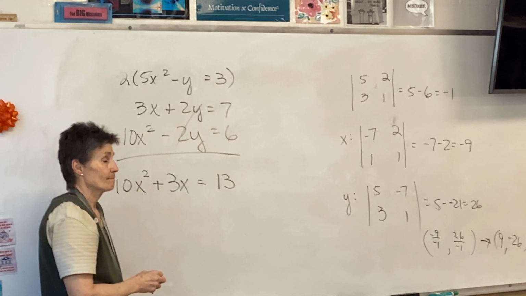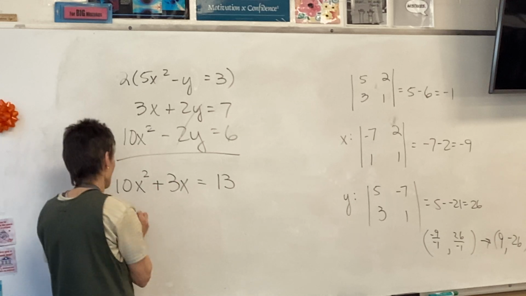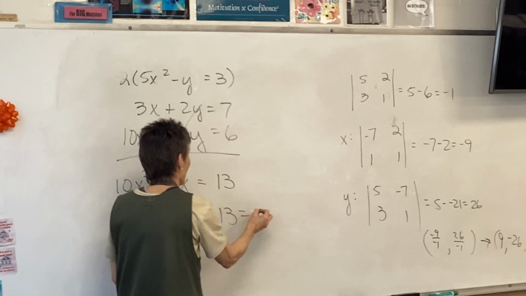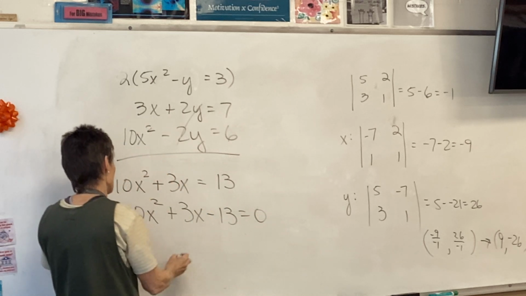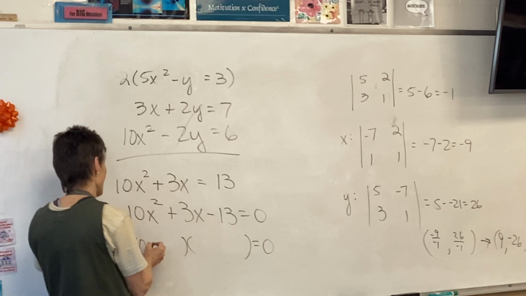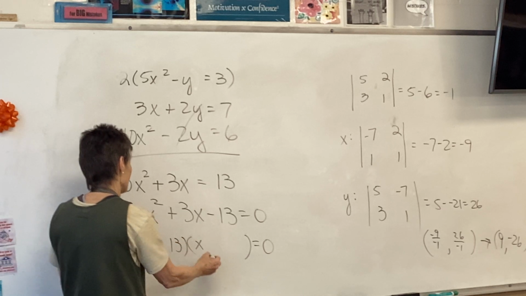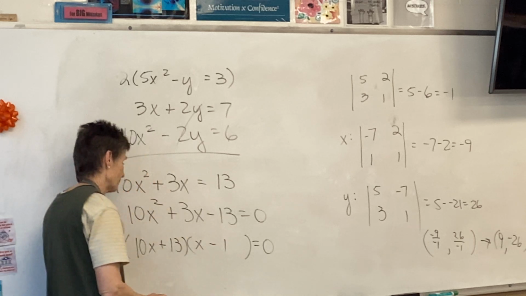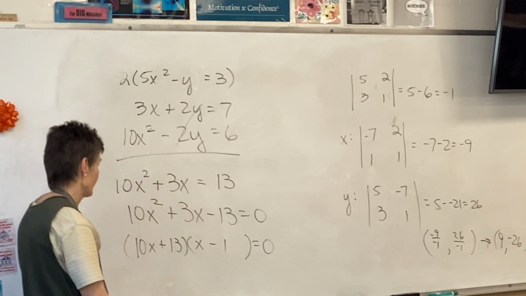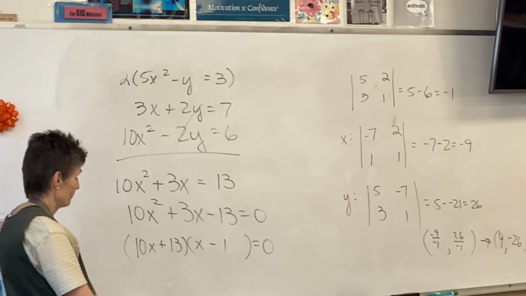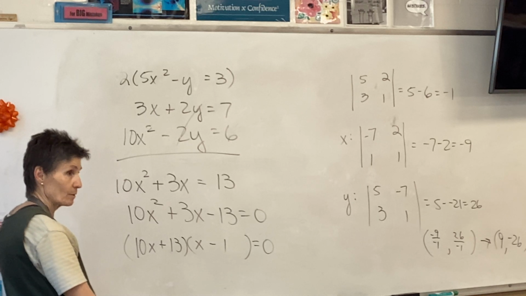The 13 moves over, and then hope like heck it factors. If it doesn't, we'll need the quadratic formula. I'm gonna try 10x plus 13. Are they both minus? Is that okay? Yeah.